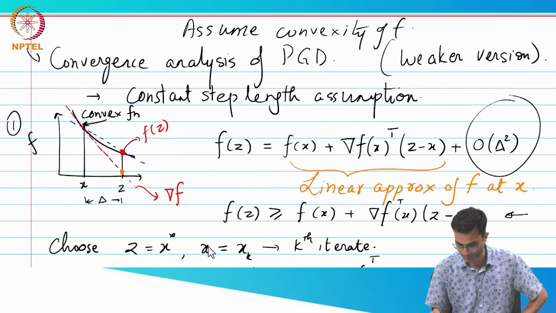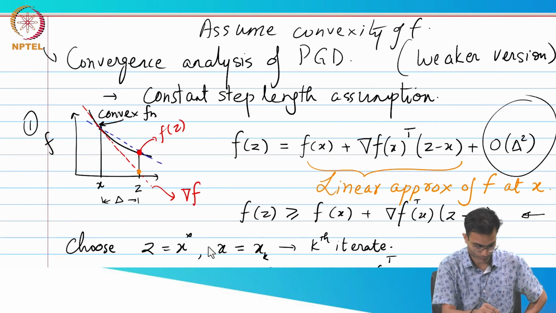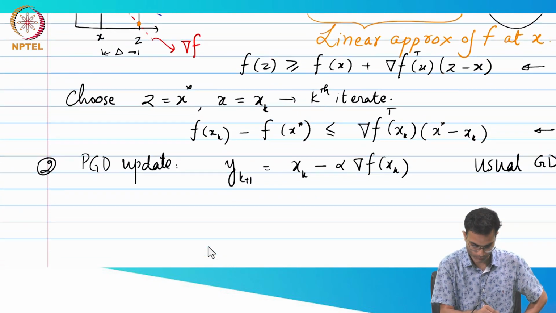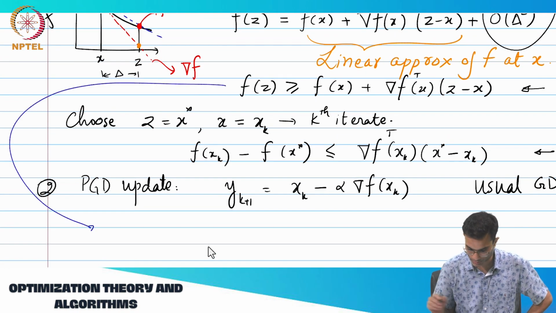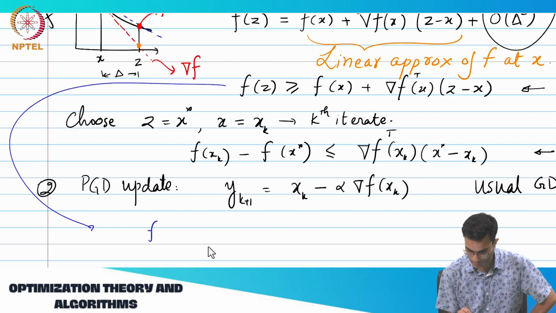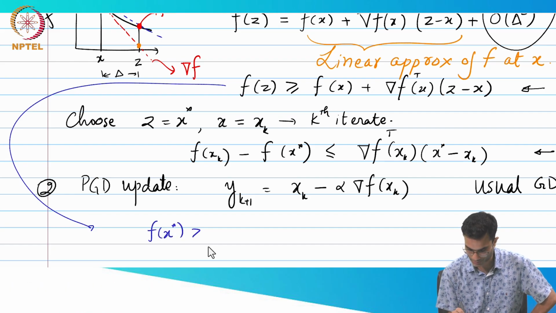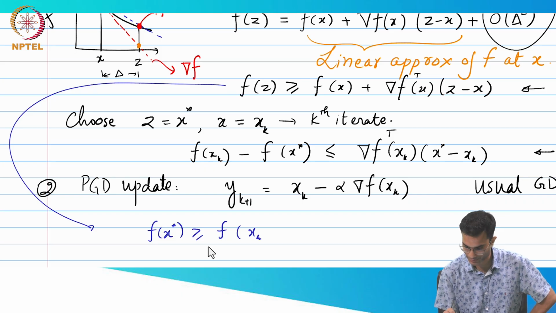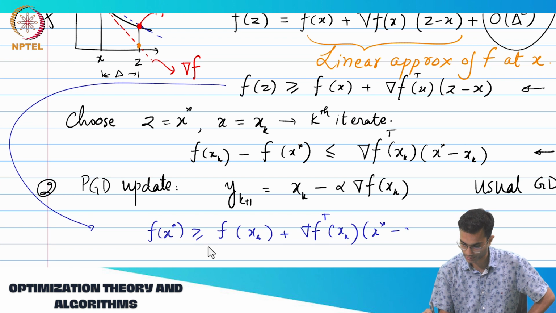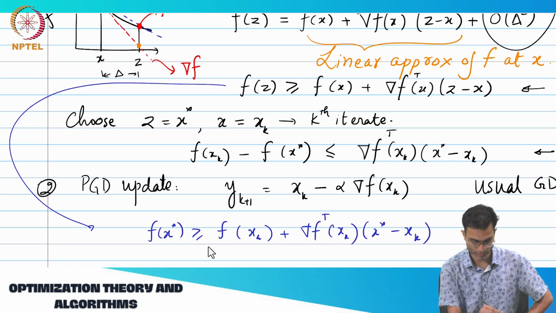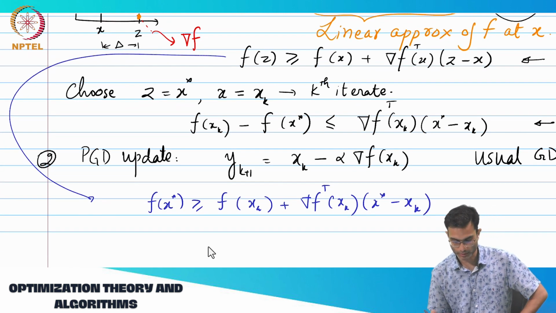Okay, let's look at that once again. Let's take this and just substitute: f of x star is greater than or equal to f of xk plus grad f transpose xk times x star minus xk.